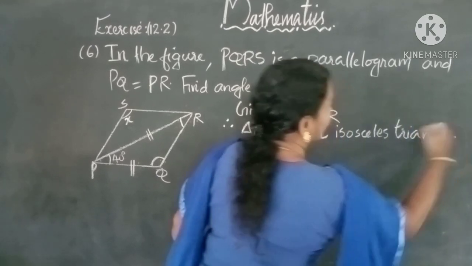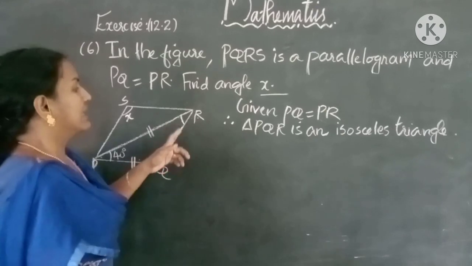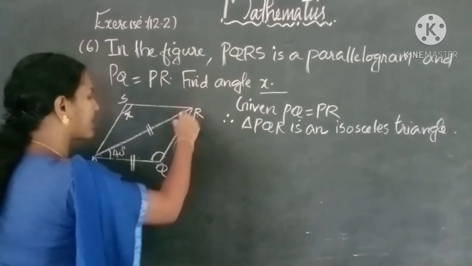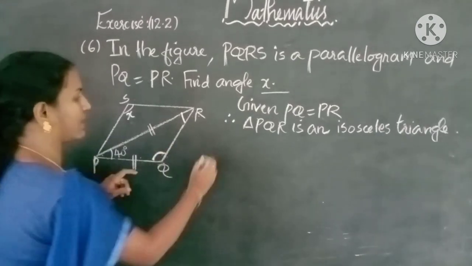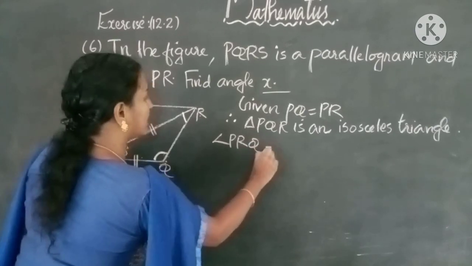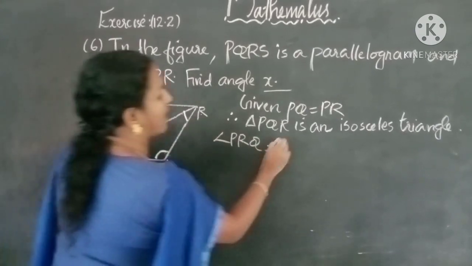In an isosceles triangle, the angles opposite to the equal sides are equal. So angle PRQ is equal to angle PQR.